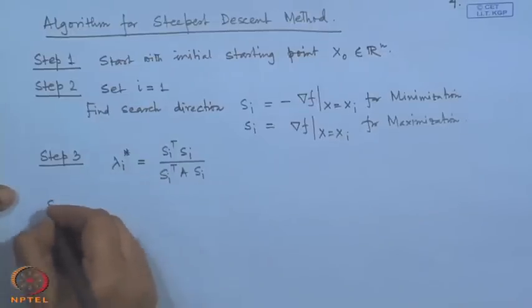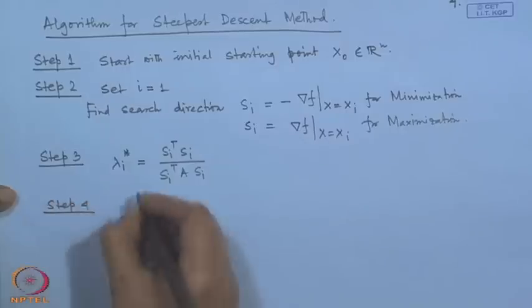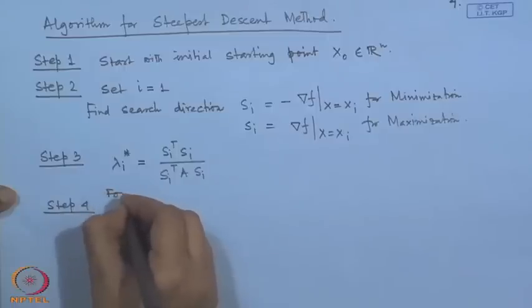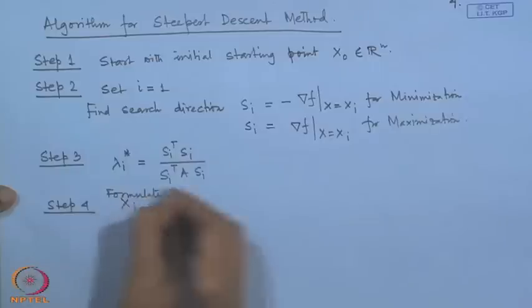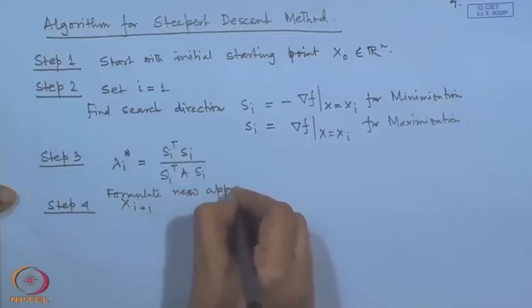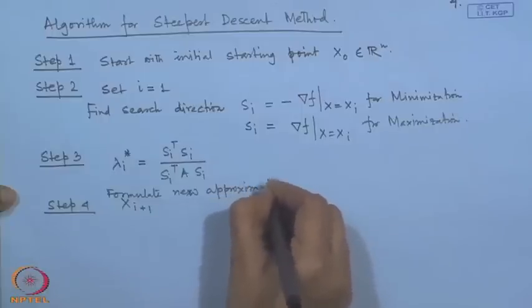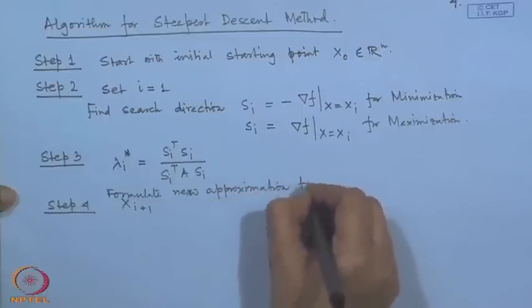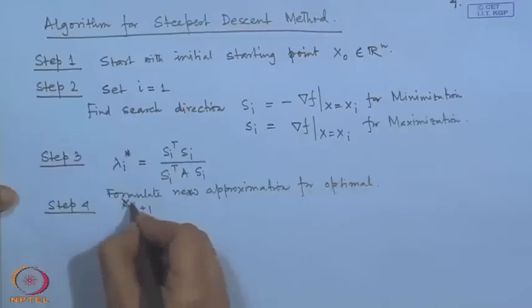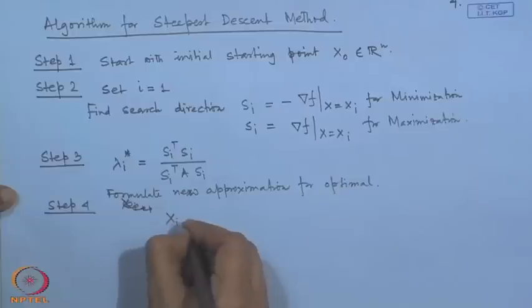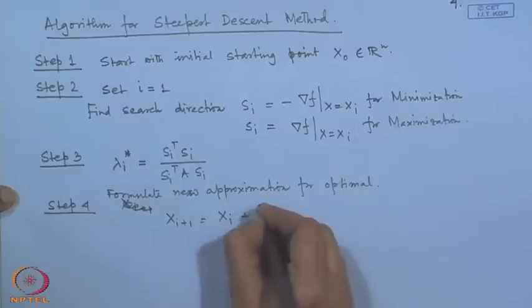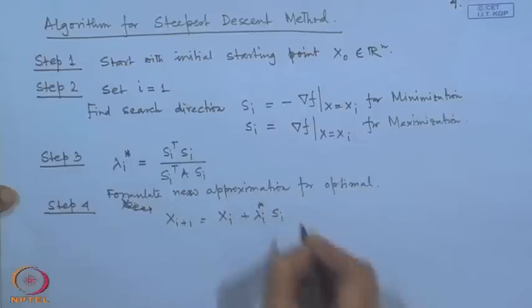Next, step 4, find the next point x_{i+1}, formulate a new approximation for the optimal solution. x_{i+1} is equal to x_i plus lambda_i star s_i.